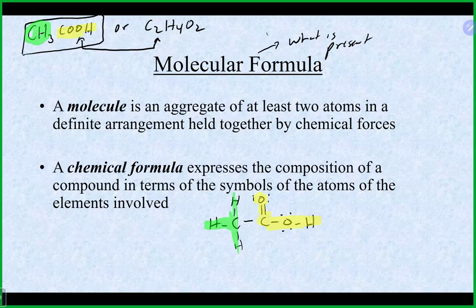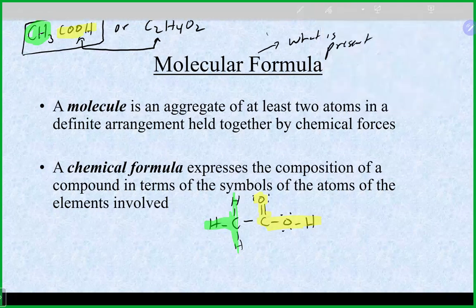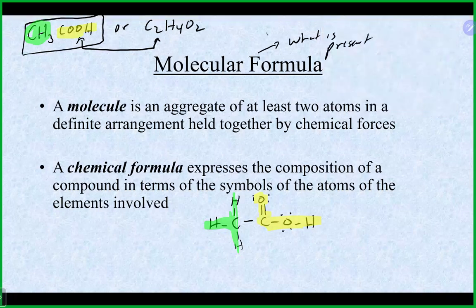The other formula just tells you there's 2 carbons, 4 hydrogens, and 2 oxygens. It doesn't give you structural information about how it's put together. And that's a very common thing. Sometimes you'll get just the bare bones of the elements that are there, and sometimes you'll get a little more structural information in a formula. Any questions on that?